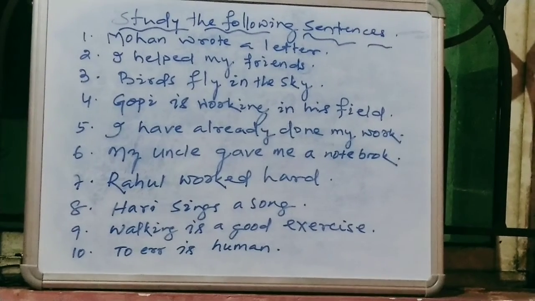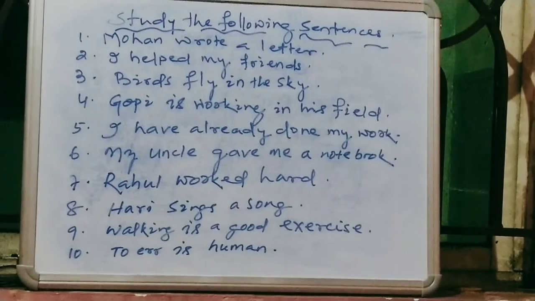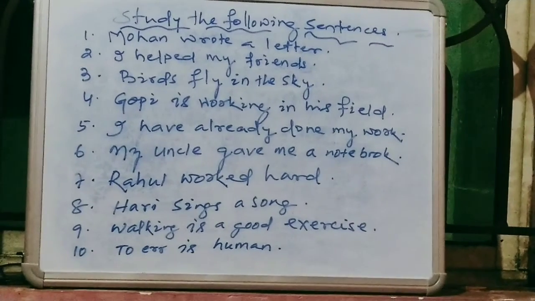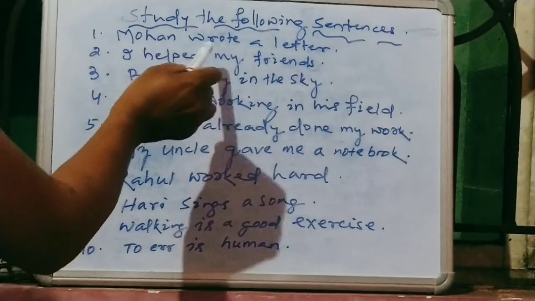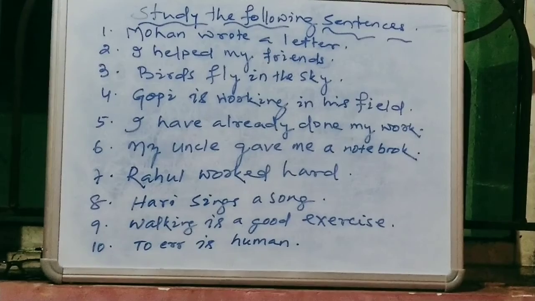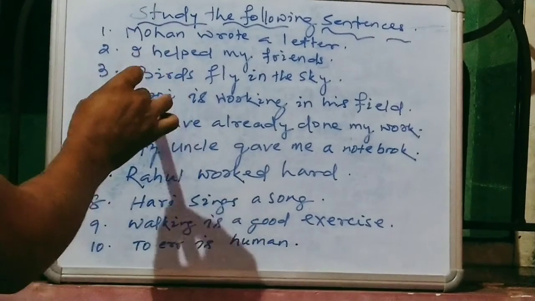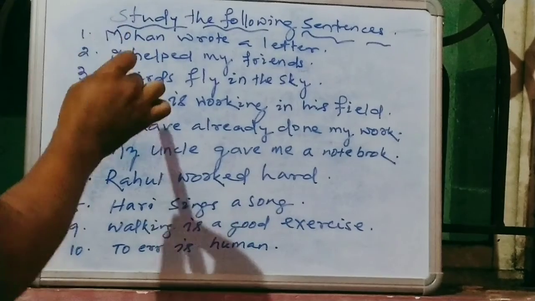And very simplest formula we have to identify the finite verb, and this is nothing but we must be sure that the verb which is very close to the subject is the finite verb.